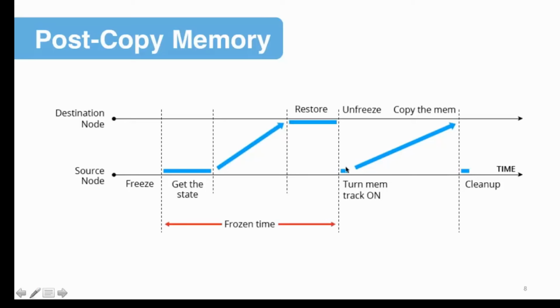After that, we copy the rest of the state from the source node to the destination node. This is the reason why we call it lazy live migration. At the beginning, you migrate the most fast-changing state, and later you copy the rest.